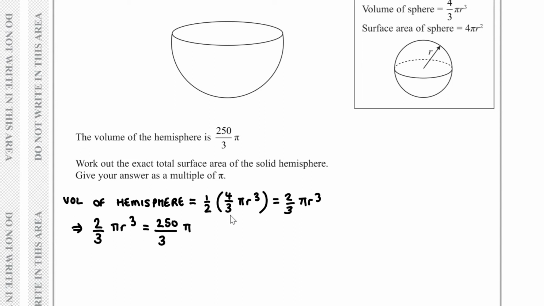Now, if we find out the radius, we can use that to find out the surface area of the hemisphere. So, you'd find the 3's cancel and so do the pi's. So we have 2r cubed equals 250. R cubed is equal to 125, and therefore r is equal to 5 centimeters.